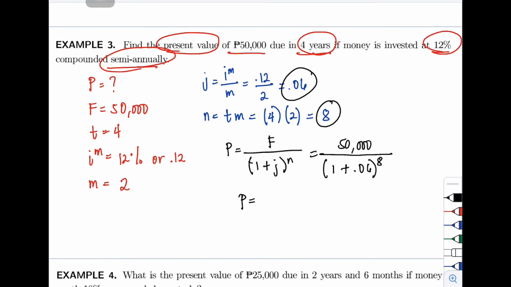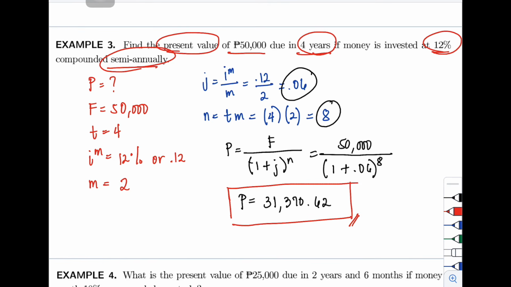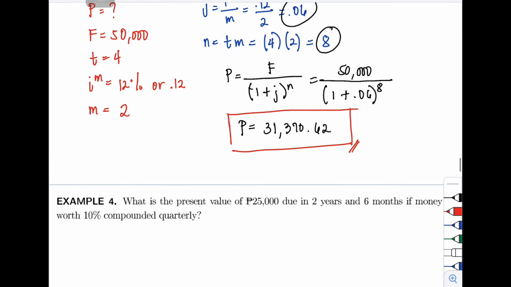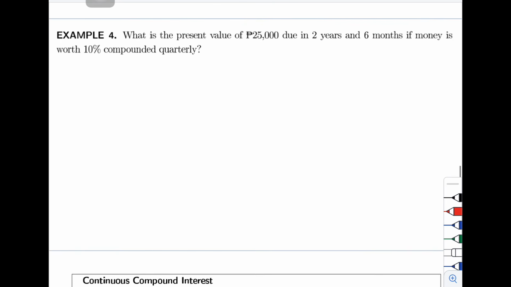That is equals to 31,370.62. Okay, so ito na ngayon guys yung ating present value. Nakuha ba? So let's have another example, number 4.